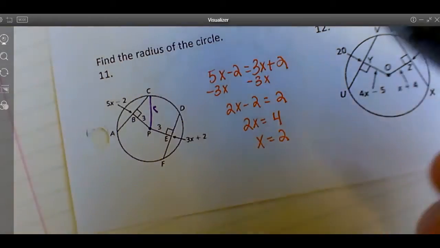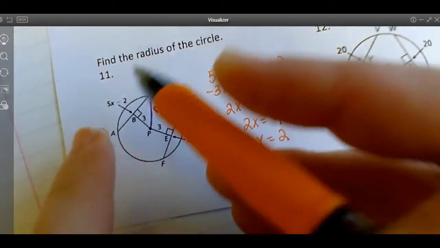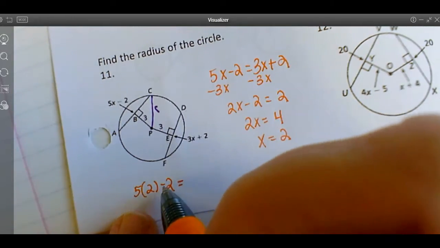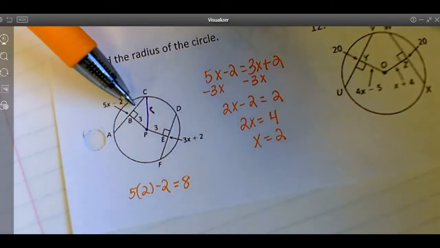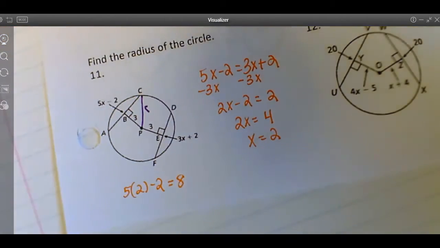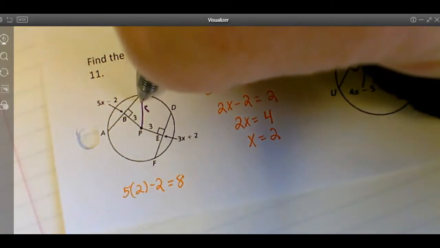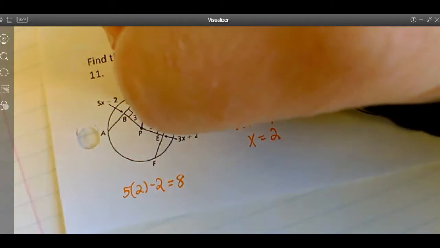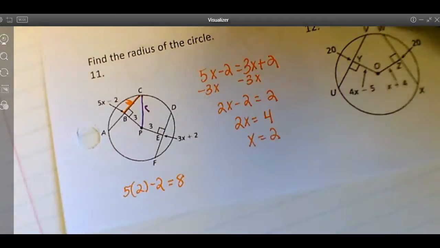Well, let's see what that gives us. If I plug in 2 for x up here, 5 times 2 minus 2, that's 10 minus 2, which is 8. What that tells me is that whole side is 8. Does that help me find the other side of the right triangle? It does, because if the whole side is 8, and that's perpendicular right there, I know that this part right here is 4.